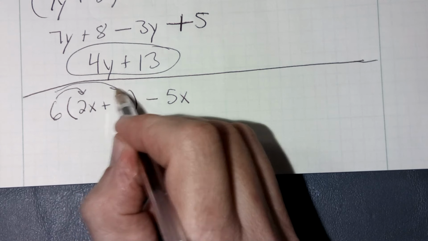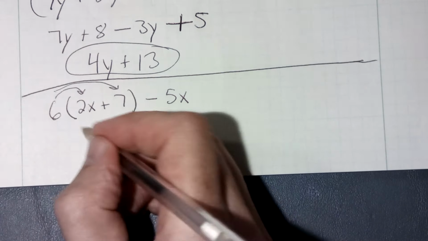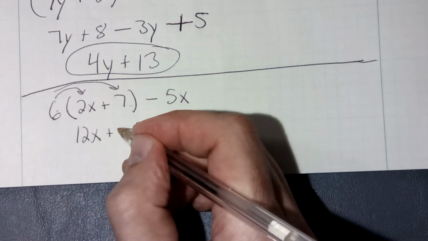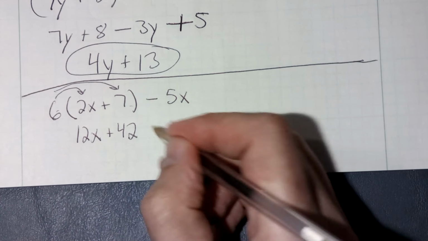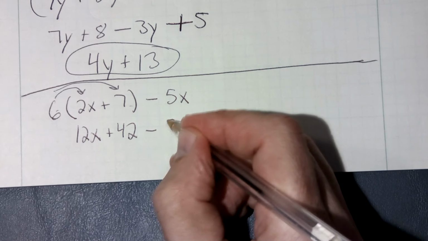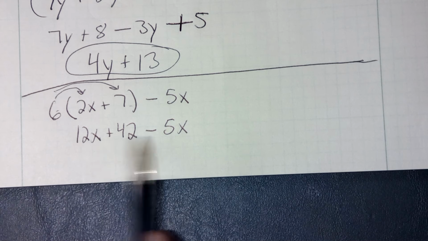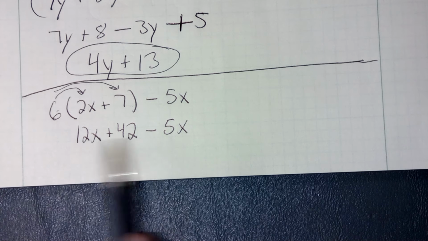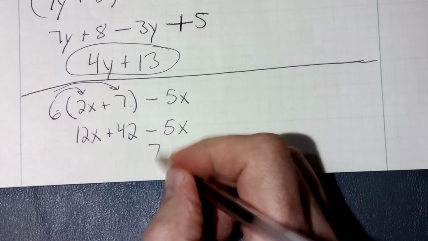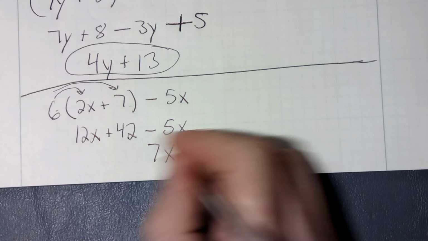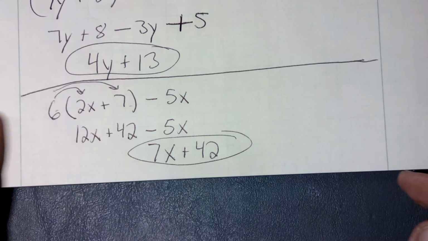So I'd recommend you do that. 6 times 2x is 12x. 6 times 7 is 42. And then we have the minus 5x. Now I can add the 12x to the negative 5x, or 12x minus 5x. It's going to be 7x. And then the 42 is a lone term by itself, and we get 7x plus 42.